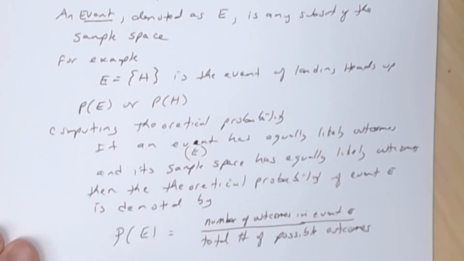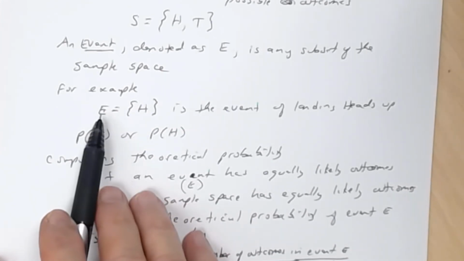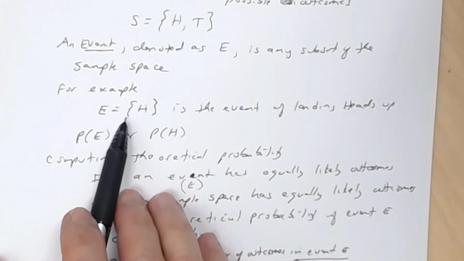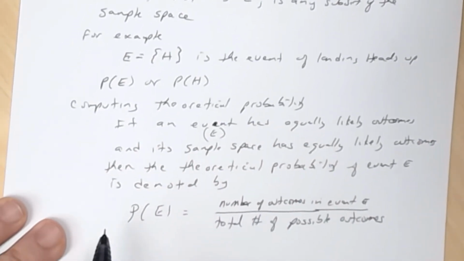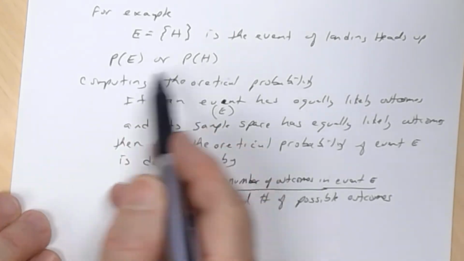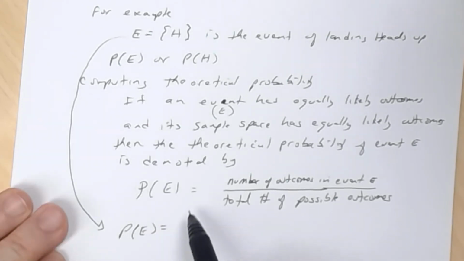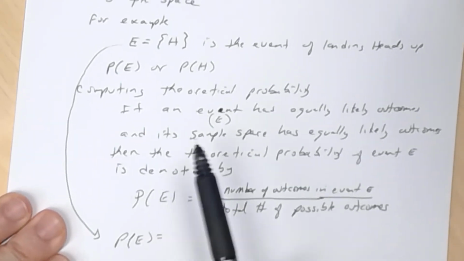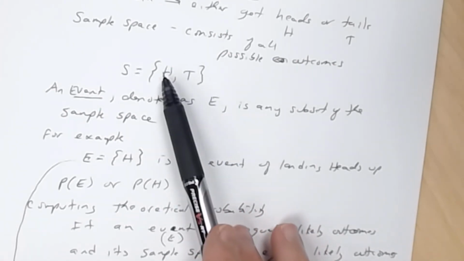All right, so let's go back to our example. Remember we had earlier the event of heads landing up, right? So the probability of E in this case would be, how many heads do you see? You only see one, right?